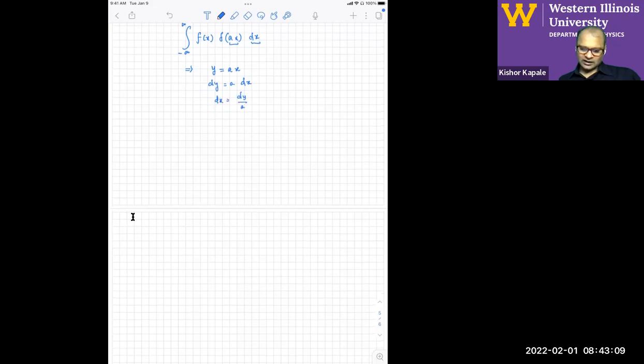Okay. And just to kind of keep things simple, let's split the integral into two parts. Minus infinity to 0 of f of x delta of ax dx, plus 0 to positive infinity of f of x delta of ax dx.